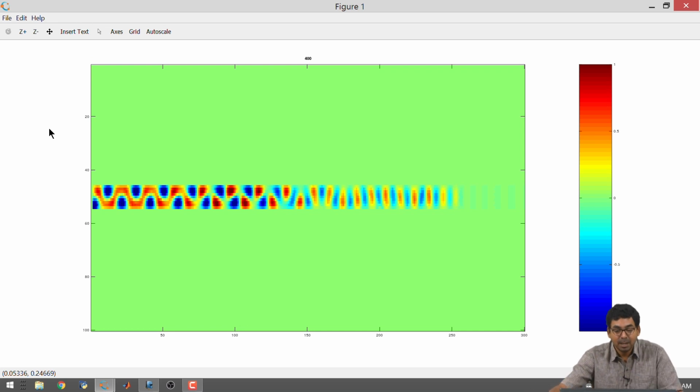In this case I can clearly notice that there are multiple patterns emanating, either like this or something like this, which means that this particular waveguide at this frequency is still a multi-mode waveguide.